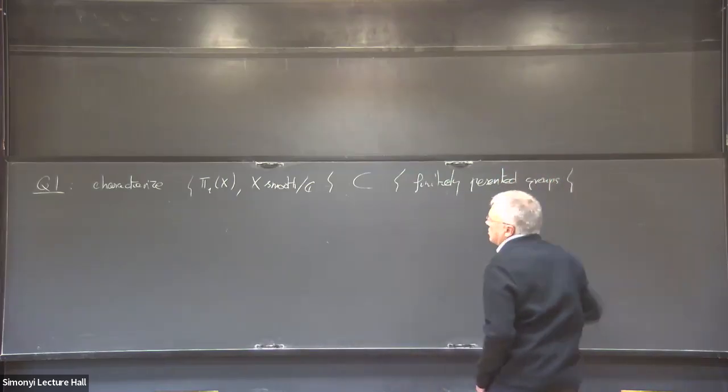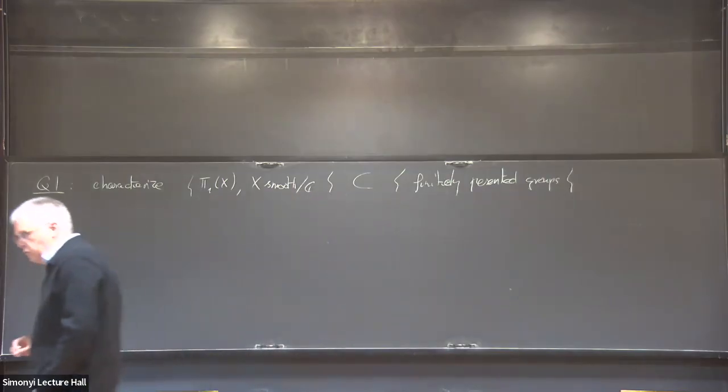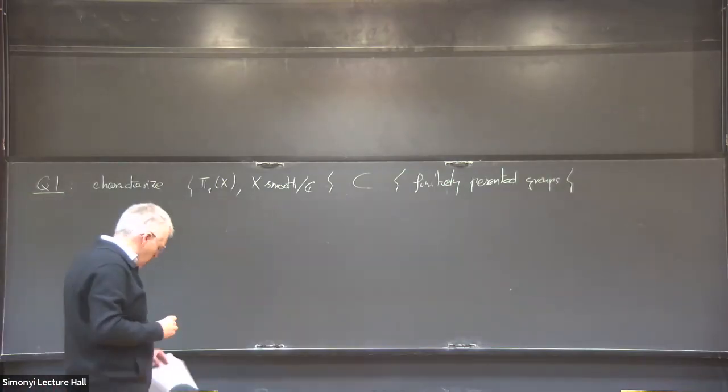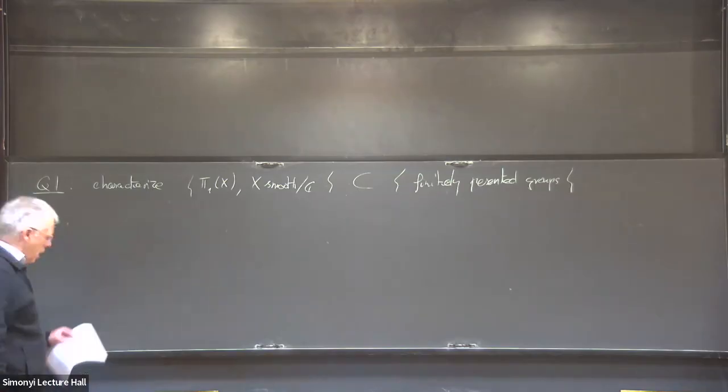Well, this question has been asked by Serre. It's completely open. We know a lot of restrictions. For instance, we know that SL_n(Z) is not the fundamental group of some smooth projective variety. Another question that you can ask is the following.